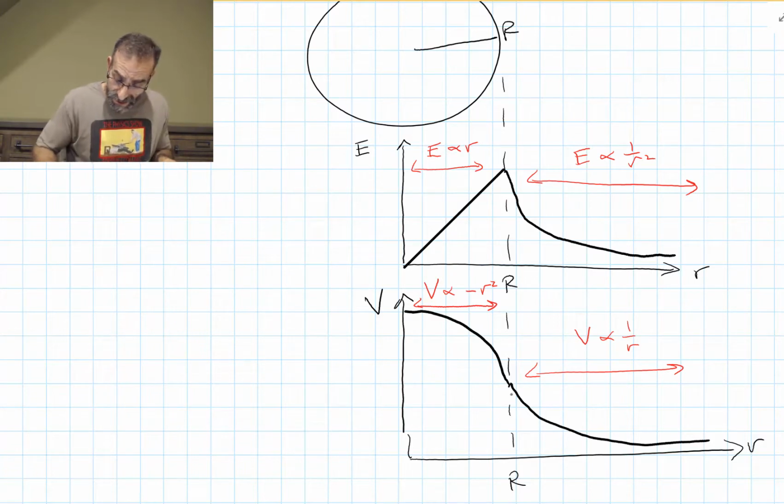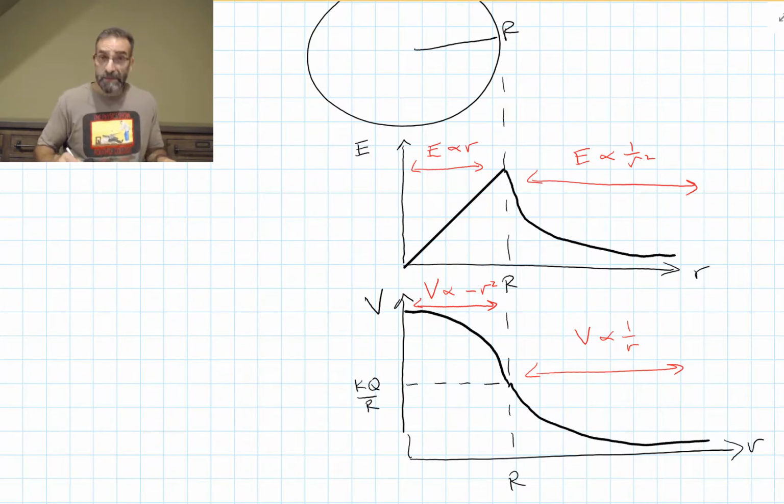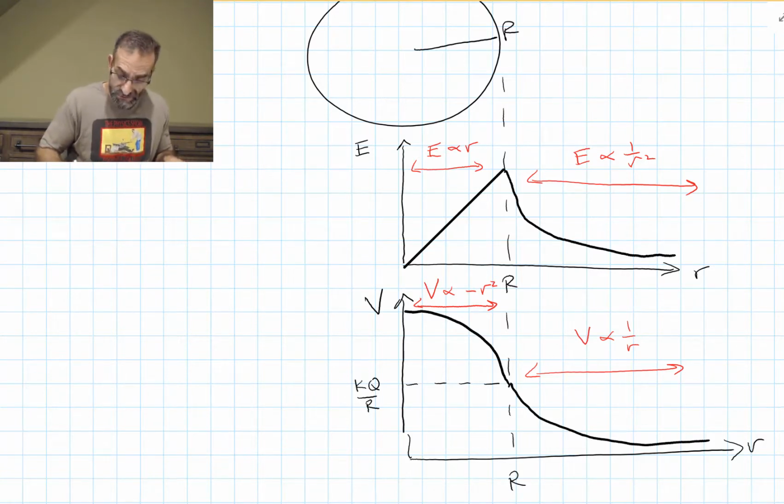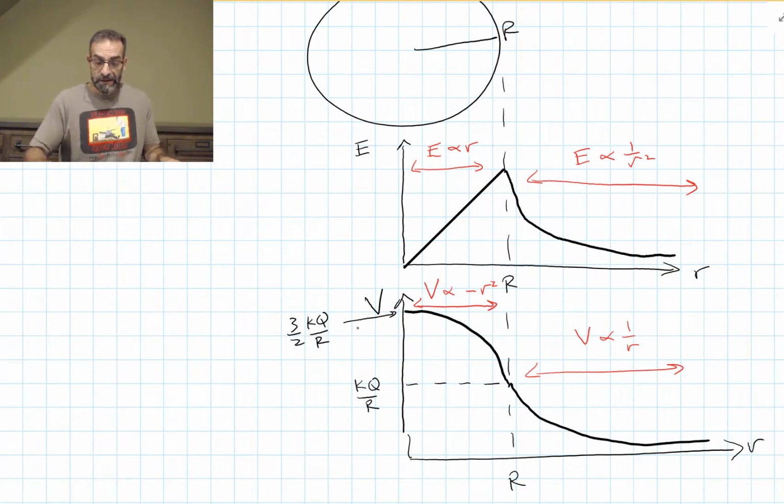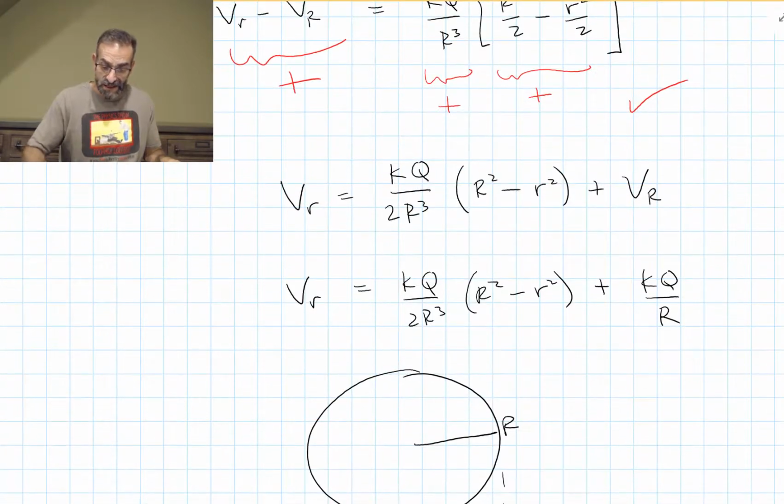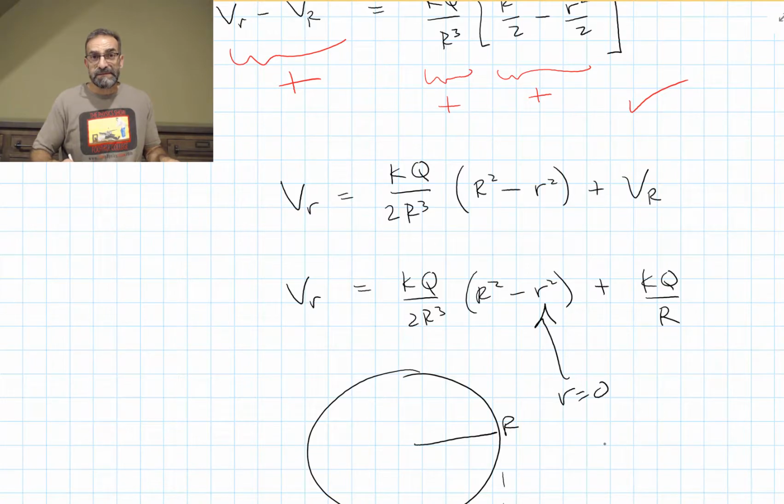What is it at this point, at the surface? The potential is kq over capital R, the radius of our sphere. And what is it at the center? When we put r equals 0 in there, we get 3/2 kq over R. Where did I get that? I just put r equals 0 into my equation and solved for it.